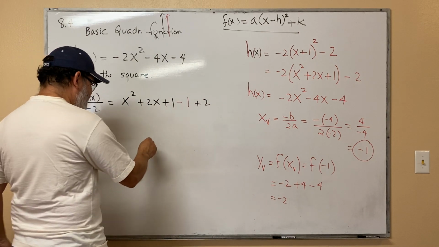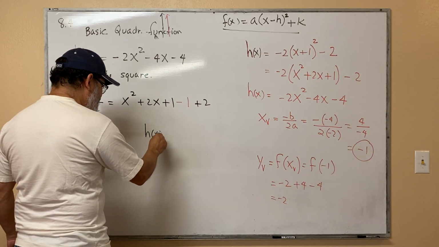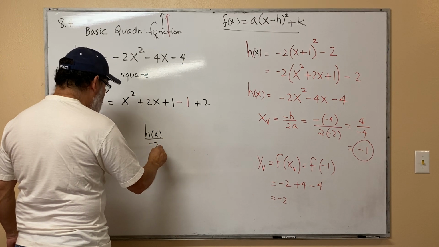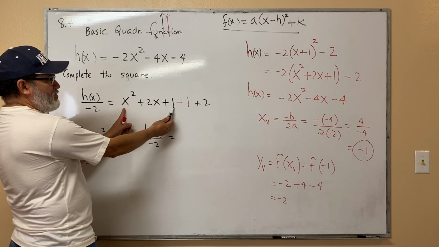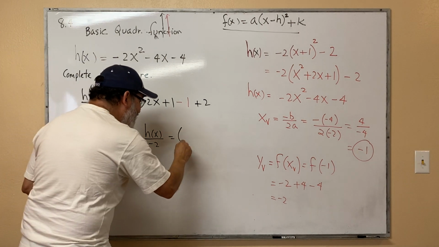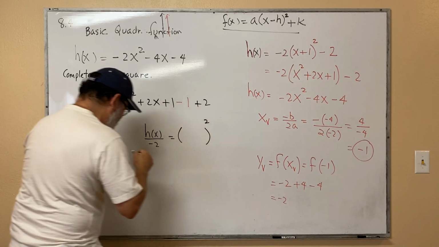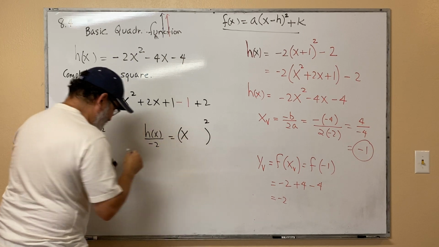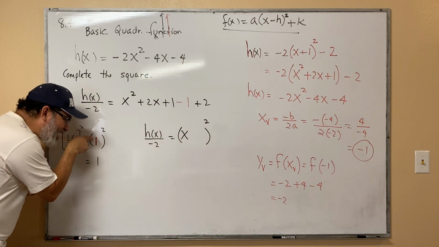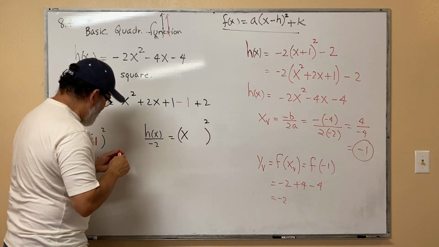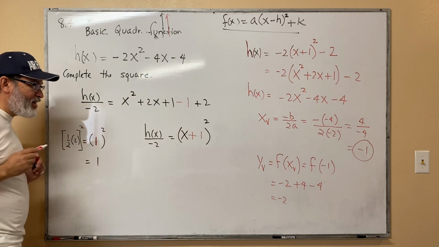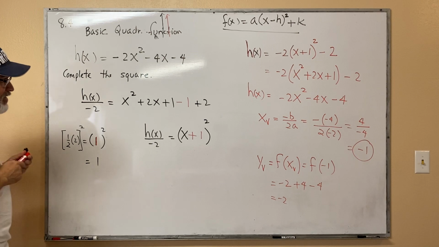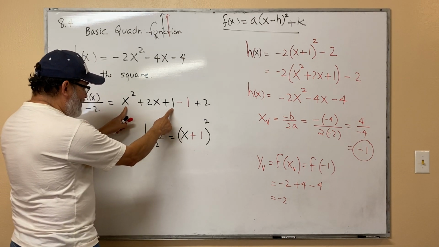Watch this. h of x divided by -2. Who knows how to factor this? Isn't this x, and then take what's inside, plus 1. I see a plus 1 there.